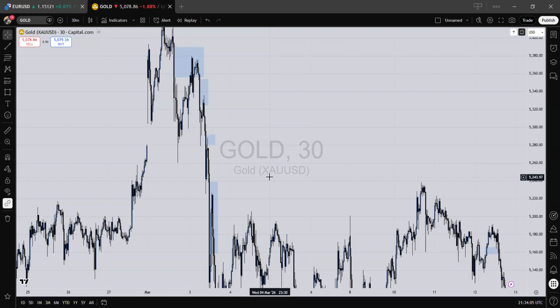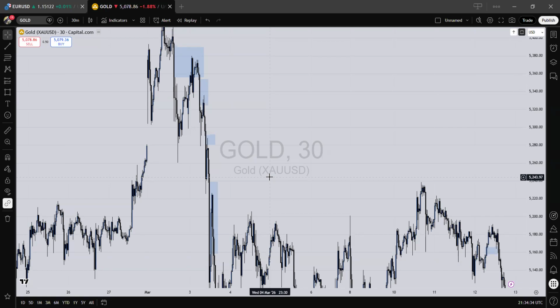When the inducement trades into the fair value gap, does it invalidate the fair value gap? No. It depends on the mitigation.